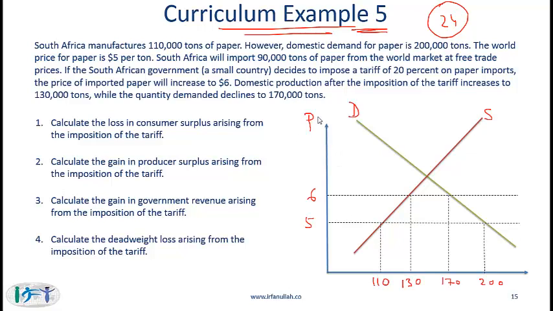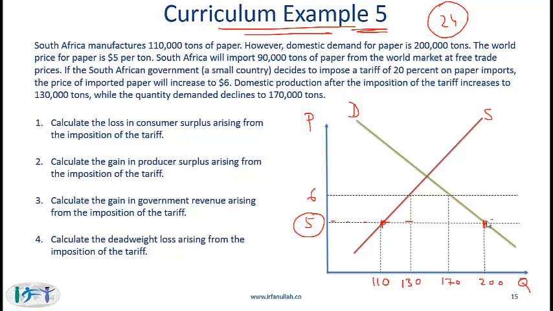The first thing that you should do here is create this picture. This is the domestic demand, domestic supply, price on the y-axis, quantity on the x-axis. We are told that assuming there is free trade, then the global price is 5. That's this line over here. The domestic demand is 200. The quantity supplied is 110,000.